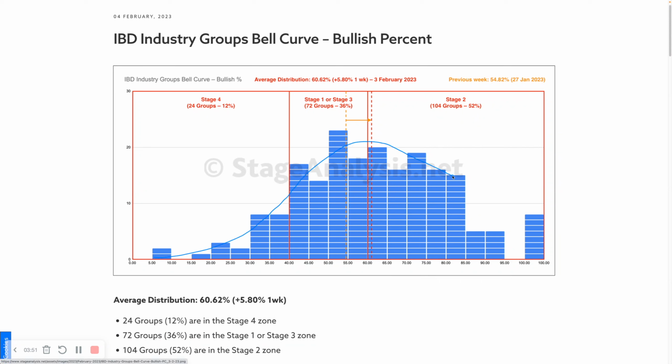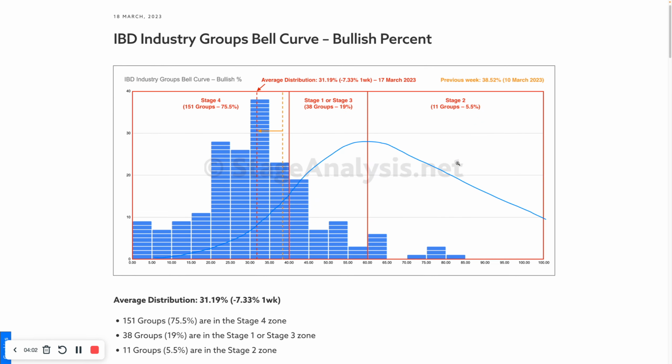You can see the bell curve as a whole was much more weighted, just slightly, to the right hand side of the chart, with only 24 groups in stage 4 at the time. Currently, you can see we've got 151 groups now in stage 4. So you can see the shift that we've had over the course of the last 6 weeks. It's dropped almost 30% since the start of February.